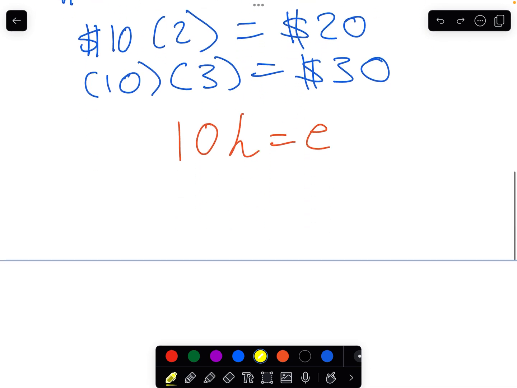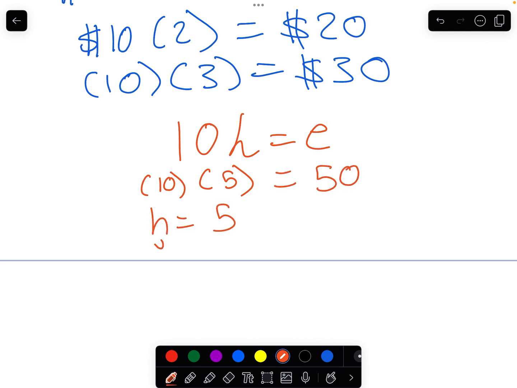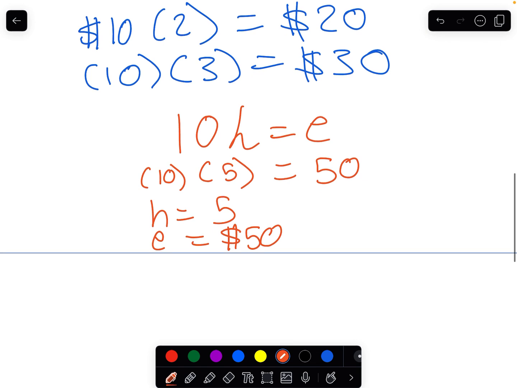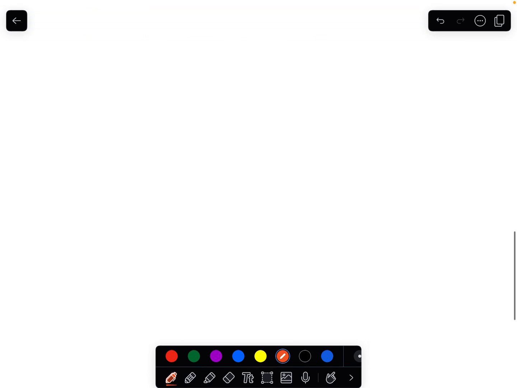And now, anytime we know what H is, we're going to be able to find E. So if Sandy works 5 hours in a week, we know 10 times 5, we can put the 5 in for H, equals 50. So H equals 5, E equals $50. And we have found the values of H and E.